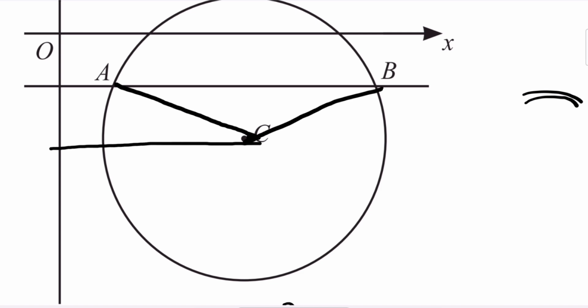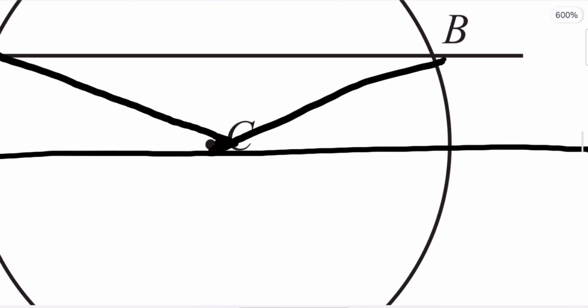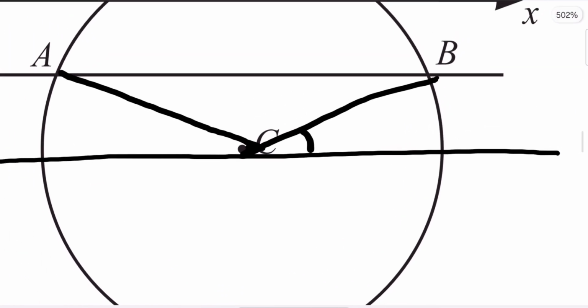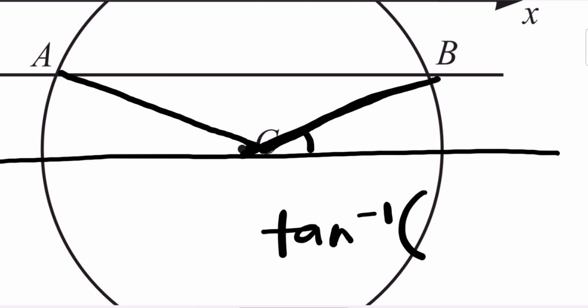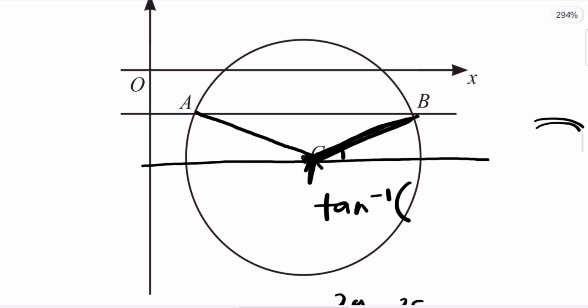So if we introduce a horizontal line like this, to get an angle between a horizontal line and a slanting line, we just say tan inverse of the gradient of the slanting line, right?